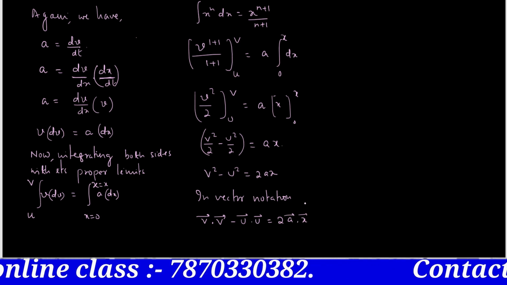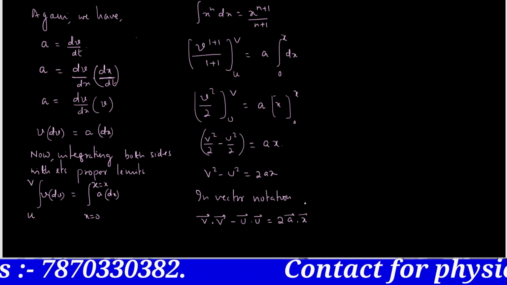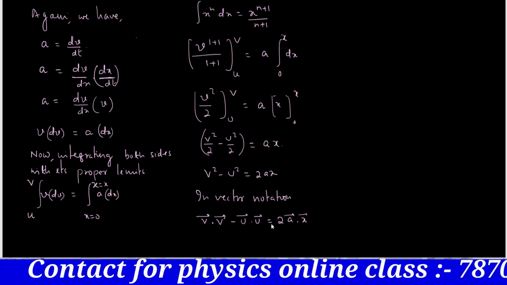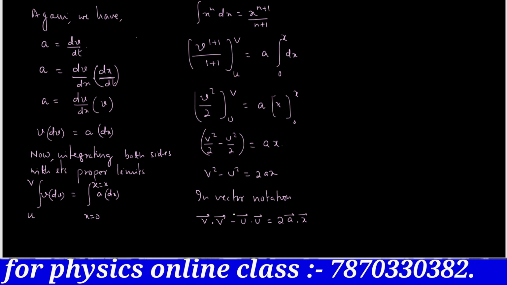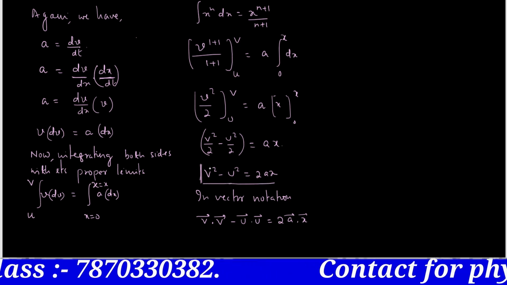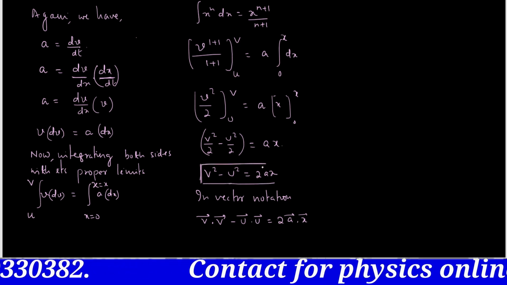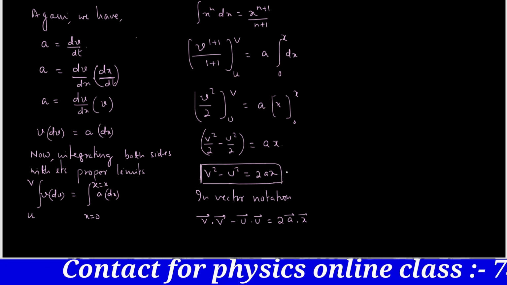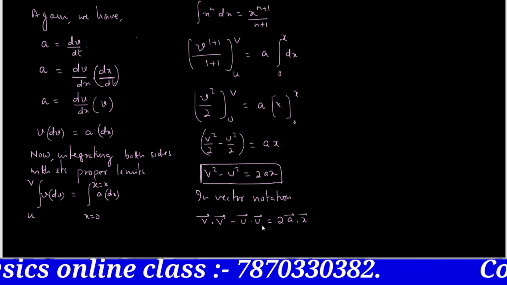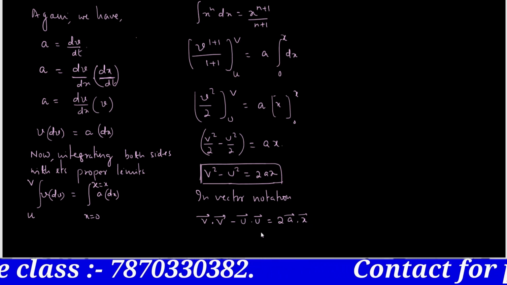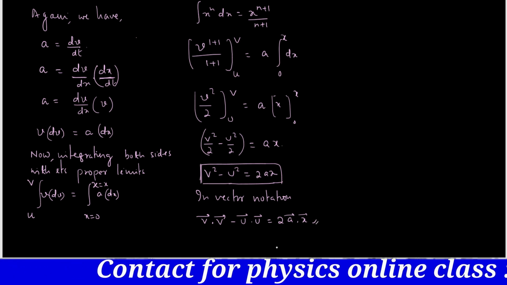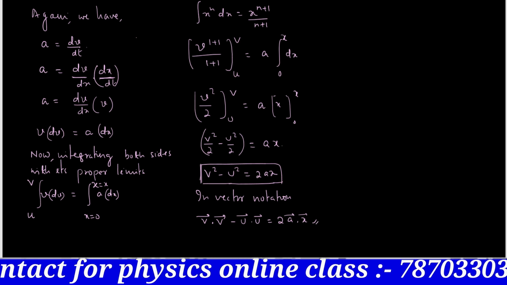Here x is the s, so it's like v squared equals u squared plus 2as.